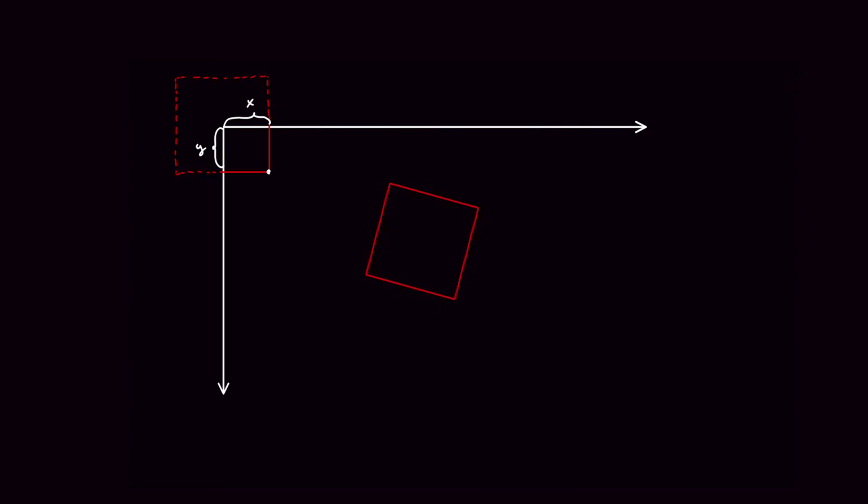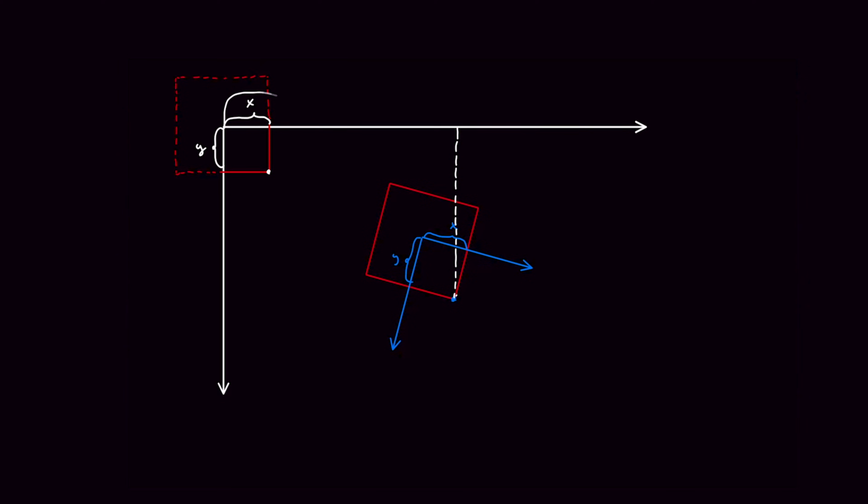Now we translate and rotate our rectangle, and here is its new position on the screen. We can visualize that as a transformation of the actual coordinate system. If we think about it, the bottom right corner of the rectangle in our new coordinate system is still at x, y from the perspective of this rotated and translated axis.